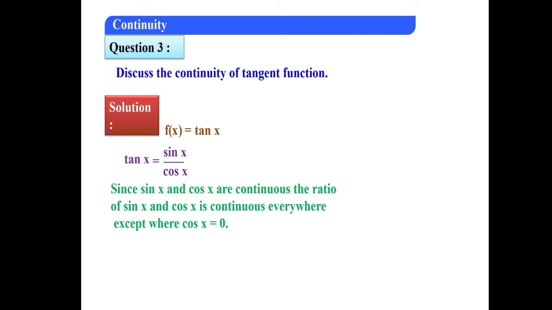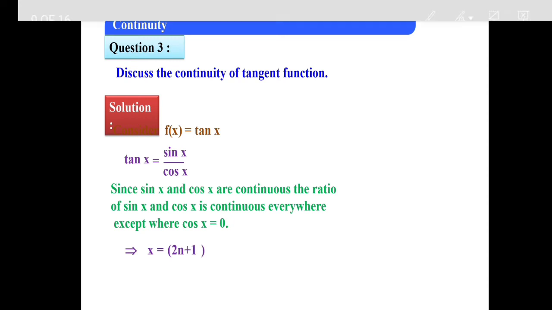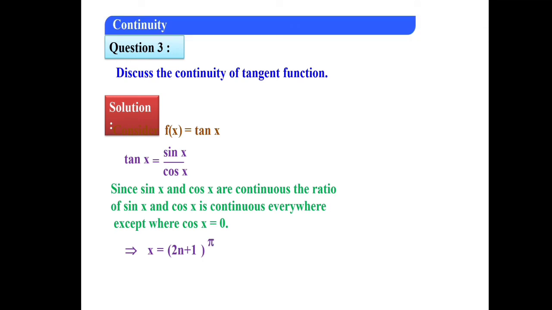We are finding for what values of x, for what angle, it becomes 0, that we have to write. So I take cos x equal to 0, and you studied in first year the general solution of the equation cos x equal to 0. The solution for this equation is (2n plus 1) into pi by 2.